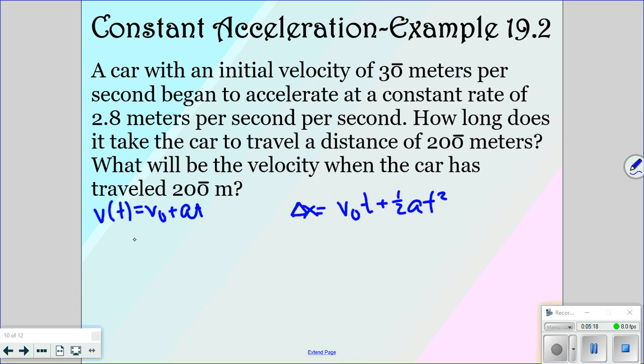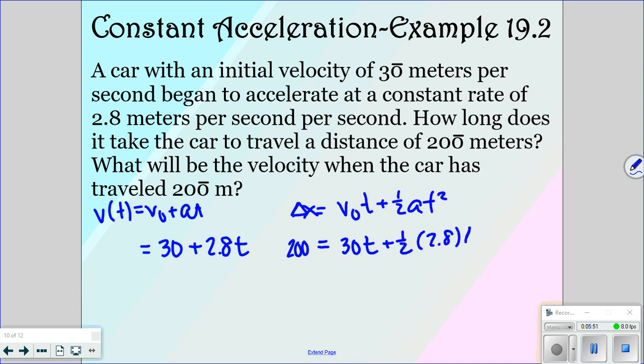So we know our initial velocity was 30, and the acceleration is 2.8, and we don't know our time. Over here, we know the change in position was 200, because it says it wants to travel a distance of 200. The velocity initially was 30. We don't know the t, and then our acceleration was 2.8, and again we don't know t.